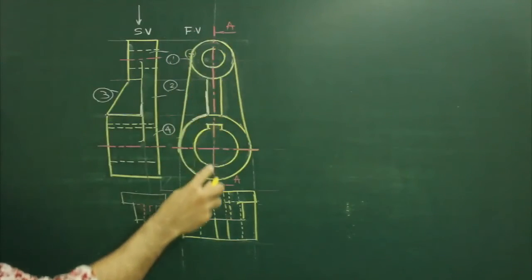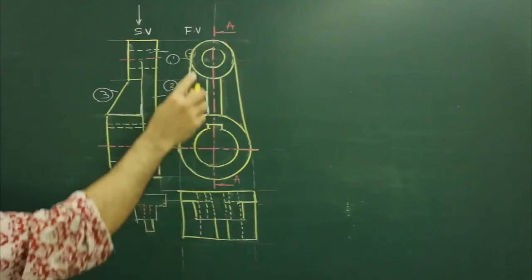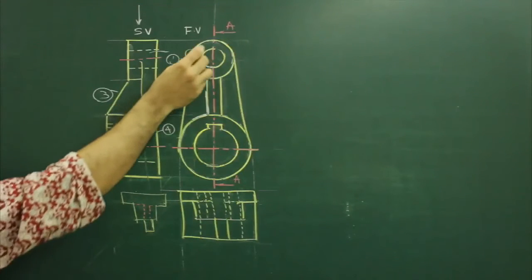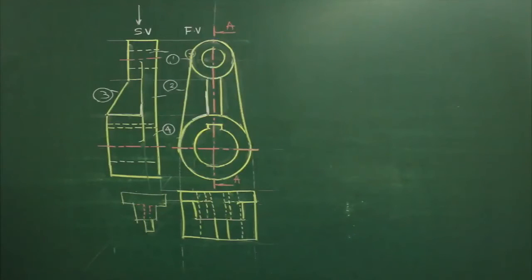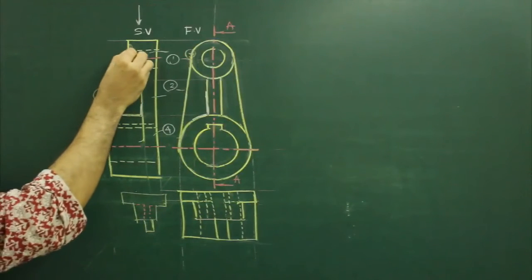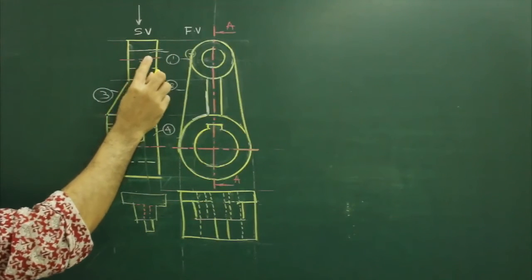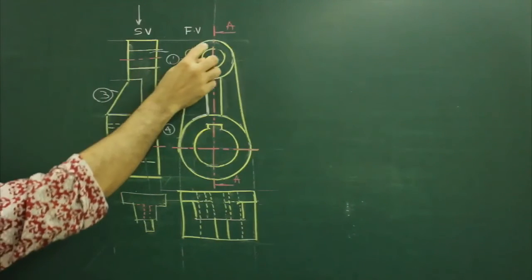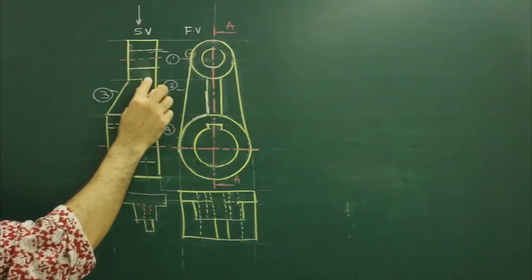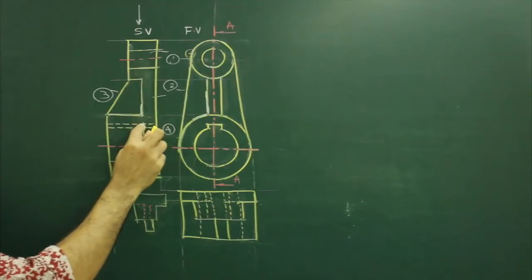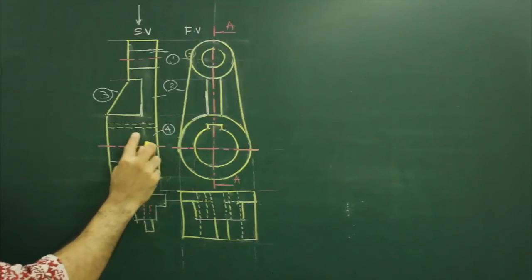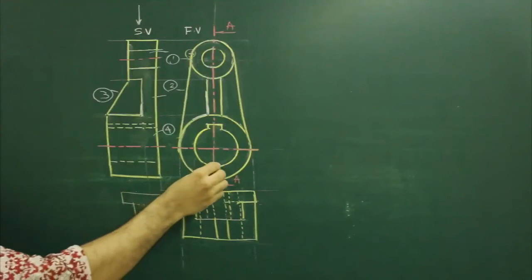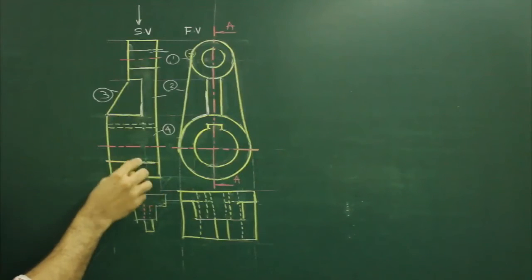See this. It is passing through this. So when you cut from here, this will become dark. This is getting cut, dark.